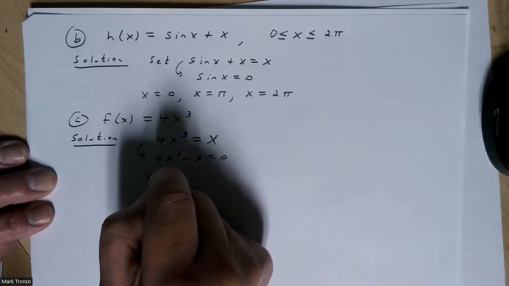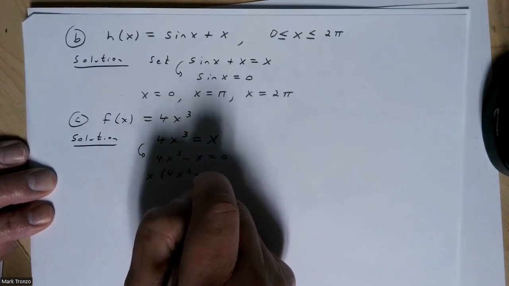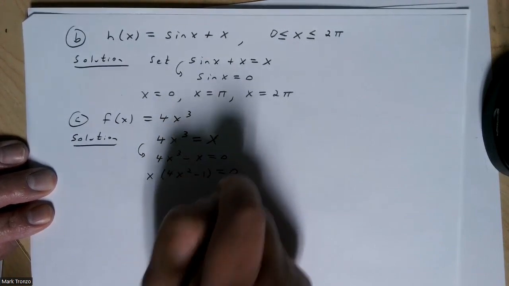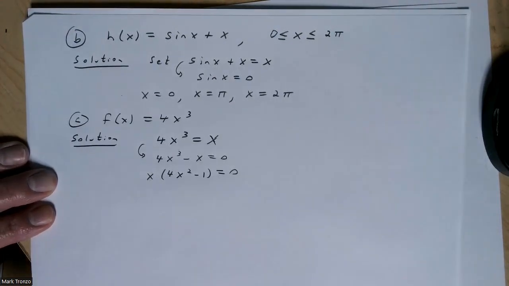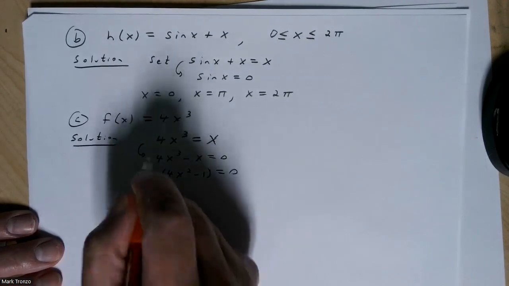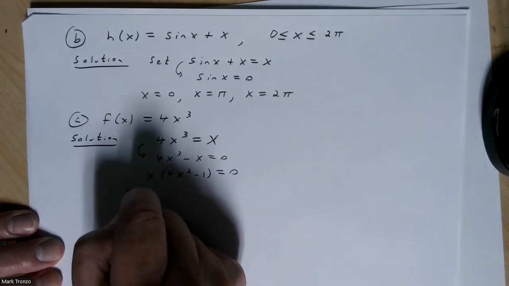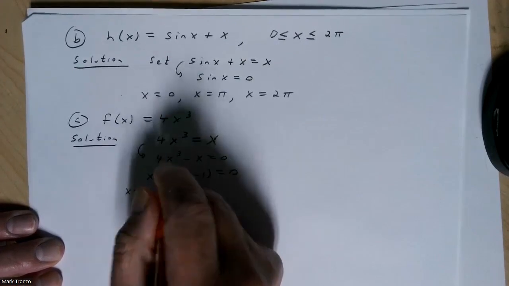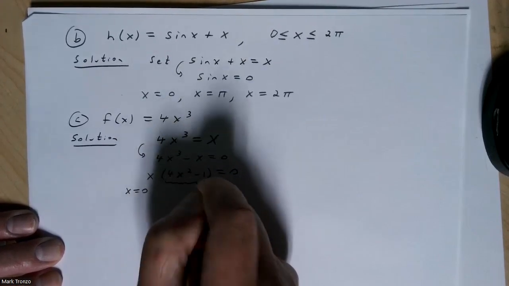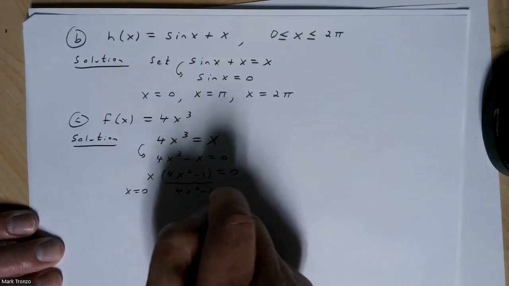Factor out an x. This will give us x times 4x squared minus 1 is 0. And what's going to make this 0? Obviously, x equals 0 is one solution. And then also, whatever makes this 0 will be another solution.